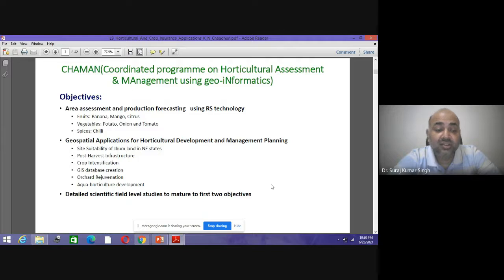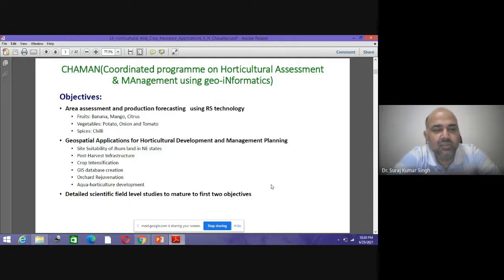Whatever things come to your mind, the technique that will provide you the solution is remote sensing and GIS. Using geospatial technology for horticultural development and management, we'll be identifying new sites where we'll be asking the villagers or the farmers to grow new horticultural plants, so that the socio-economic condition of the people staying there can improve. So we'll be doing various kinds of site suitability analysis.